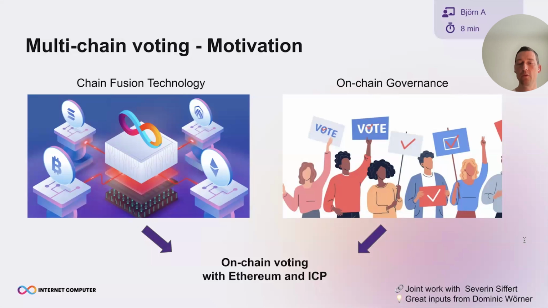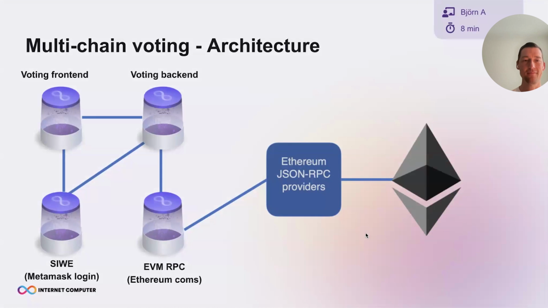Hence the idea to do that seamlessly, do the full voting process on ICP, but using Ethereum token balances to determine things like voting power. This is joint work with Severin from the SDK team, and there were also great inputs from Dominic from the growth team. Next slide, please.